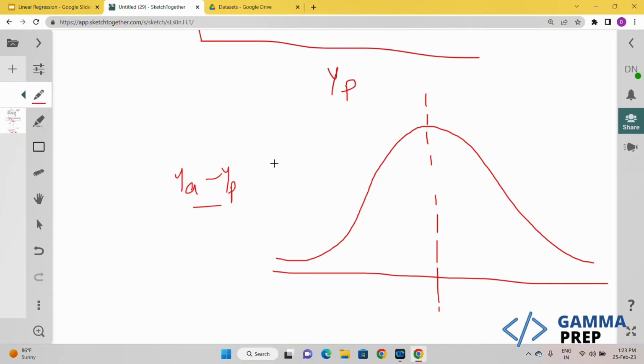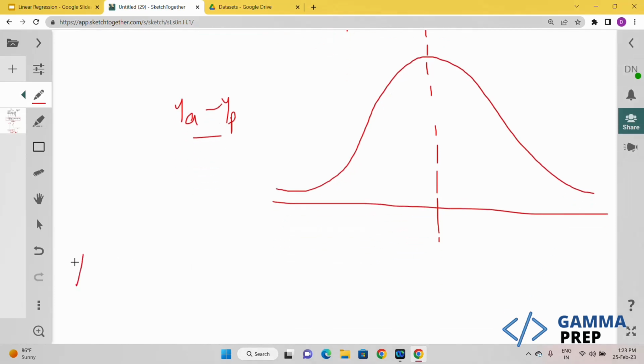If we draw the kernel density estimate, what is kernel density estimate? Kernel density estimate is basically the approximate distribution from which a particular feature or a column is coming from, right? So if we draw the KDE, that is we try to plot the approximate distribution from which our error terms are coming from, then it should actually be a normal distribution.